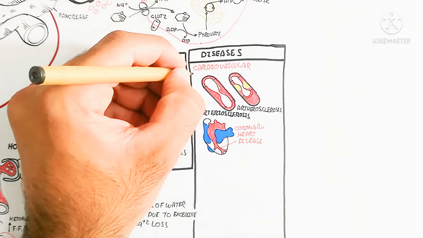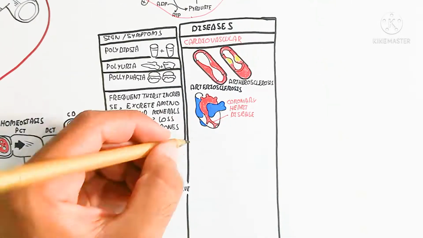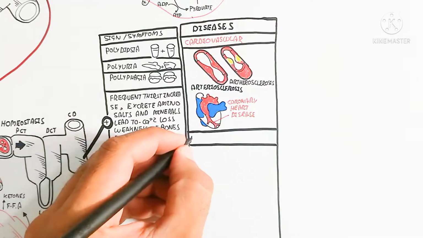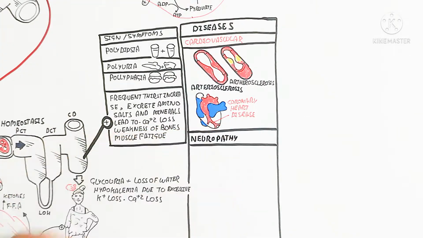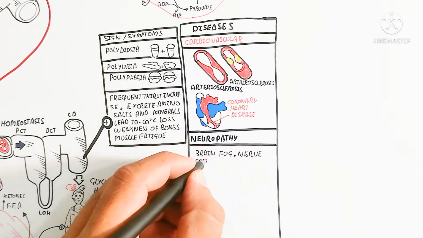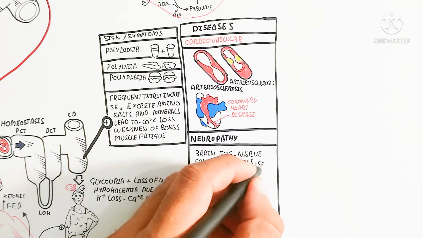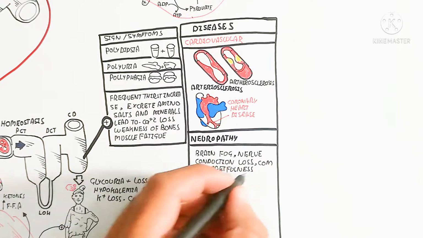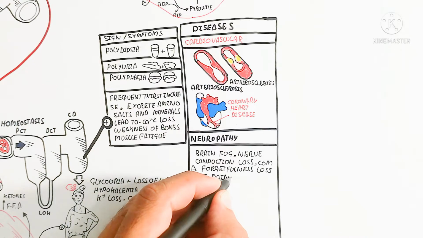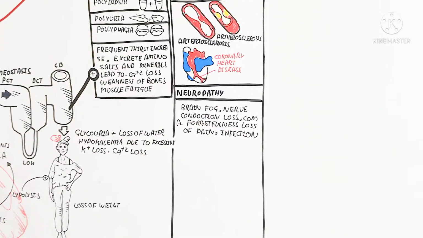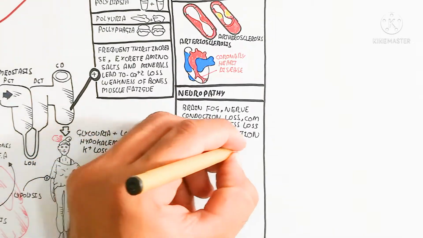The coronary heart disease occurs due to coronary artery constriction, and the plaque formation is atherosclerosis or arteriosclerosis. So in this way, that is basically cardiovascular disease. On the other hand, neuropathy is brain fog, nerve conduction loss, coma, forgetfulness, loss of pain, and infection also occurs.